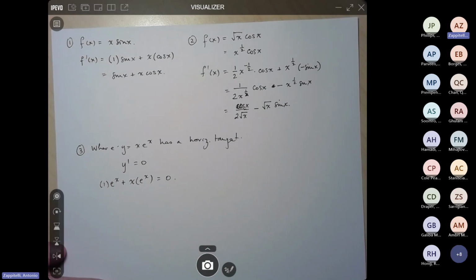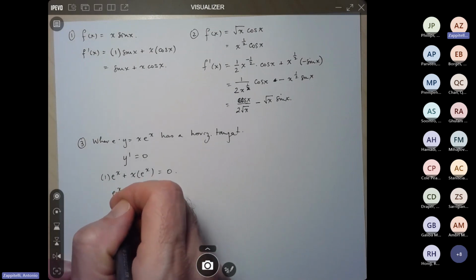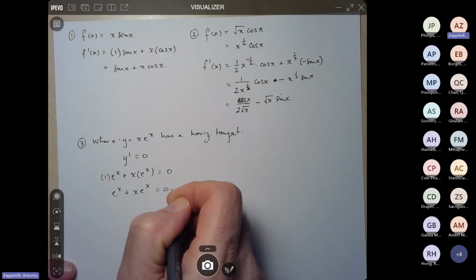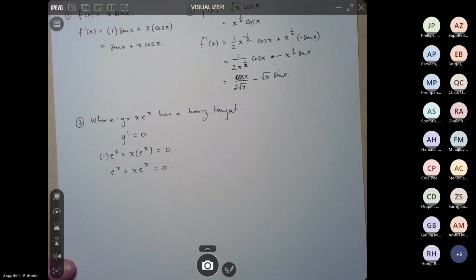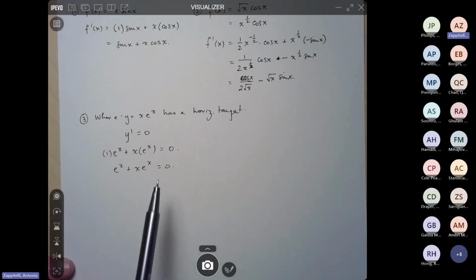Okay, and so now what can I do to solve this? Can you see something very nice that I can do to solve this equation? Because right now, as it is, I can't solve for x directly, so that's not going to help. What can I do with this expression on the left that will allow me to solve for when it's equal to 0? So let's look for some ideas here.